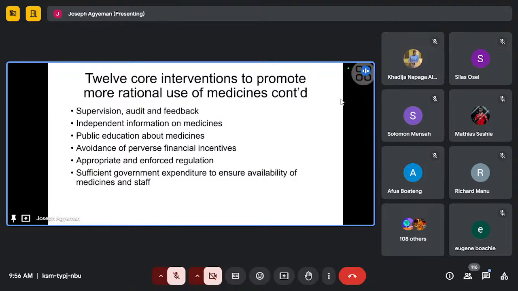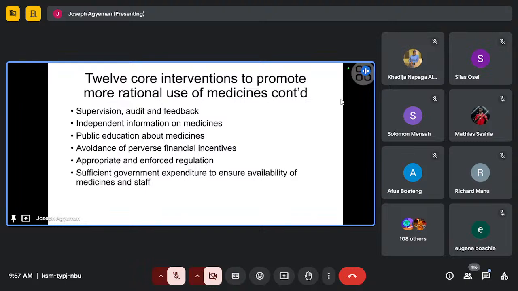You try and cite examples, like polypharmacy, the use of antibiotics when the patient doesn't even have bacterial infections, using injectables when oral medications are more appropriate, and so on. You cite some examples like that.